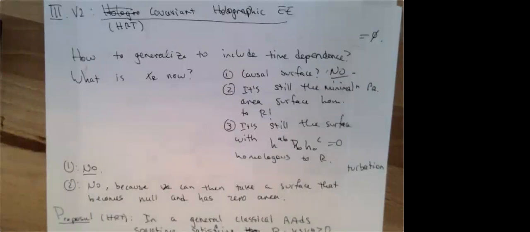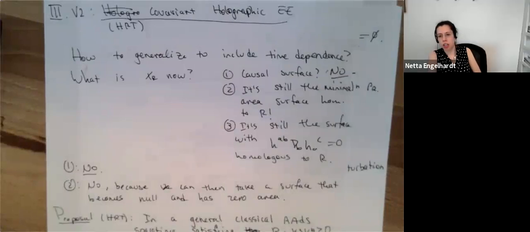Well, you could always boost any surface you want, but in a static geometry, by doing that, you're not respecting the time translation symmetry anymore. Boosting the surface will immediately take you off of the static slice.